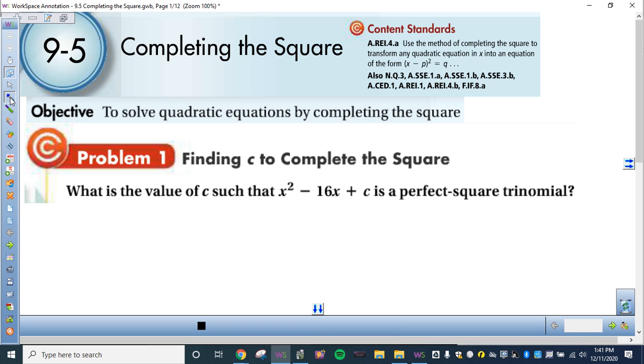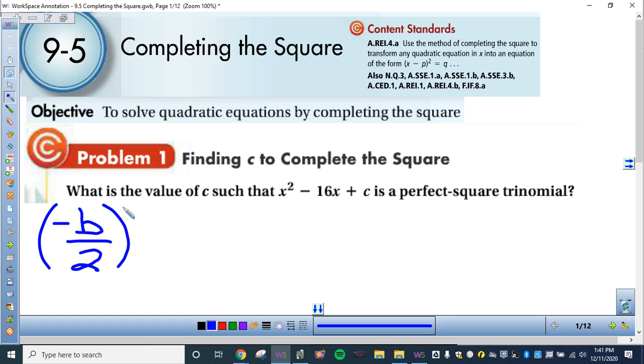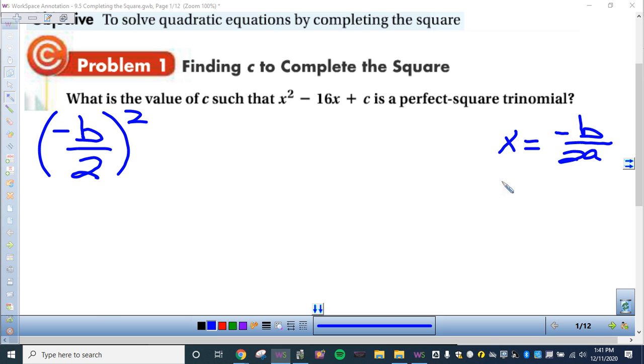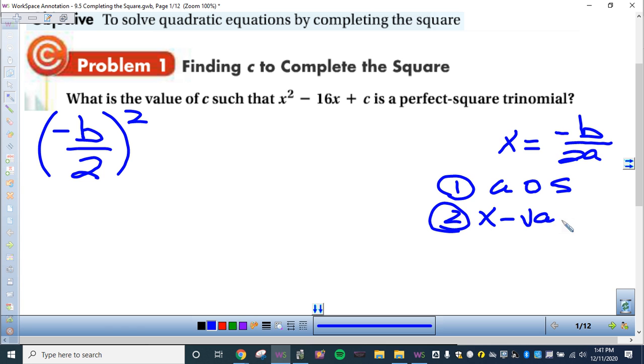So there are two formulas you've got to keep straight. One is for completing the square, that's b over 2 squared. The other formula we have to remember is the one we've been doing the last couple of days, which is negative b over 2a. This one is for the axis of symmetry, the x value of the vertex.